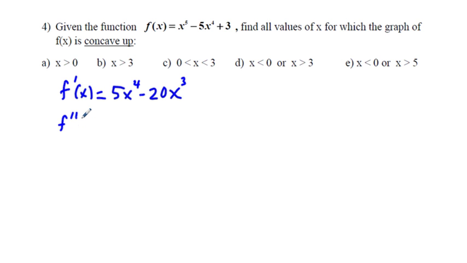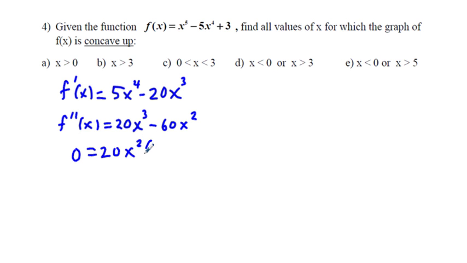So now we found that first derivative, and we can look for the second derivative. F double prime of x is equal to 4 times 5, which is 20, x cubed, minus 60, 3 times 20, x squared. And to find possible points of inflection, we set that second derivative equal to 0, so we have 0 equals, and our greatest common factor looks to be 20x squared.